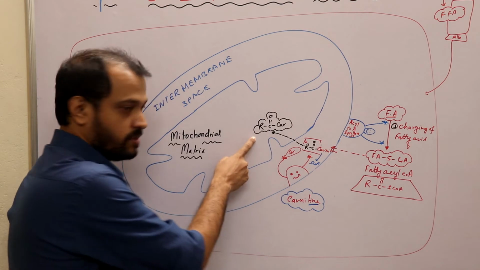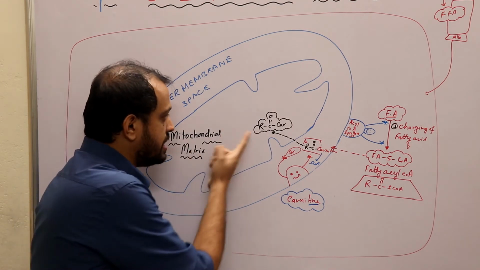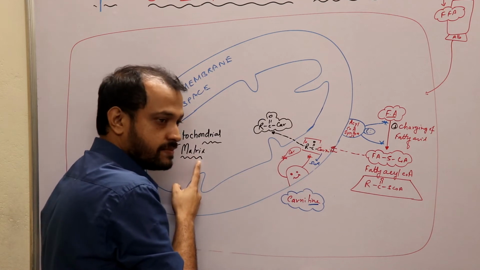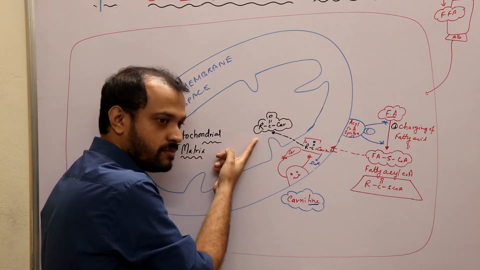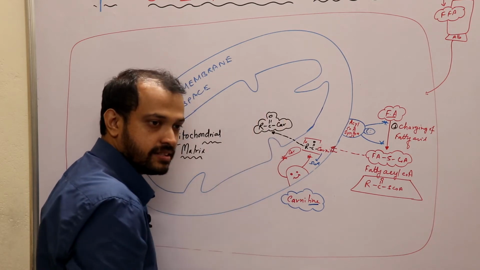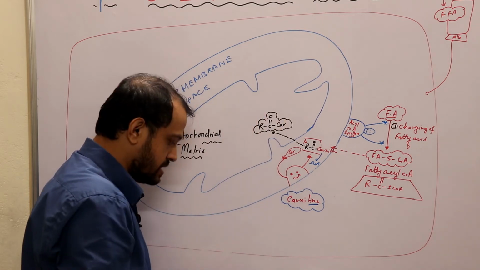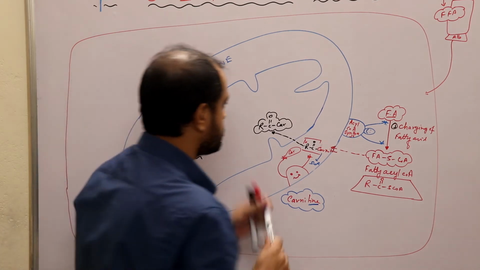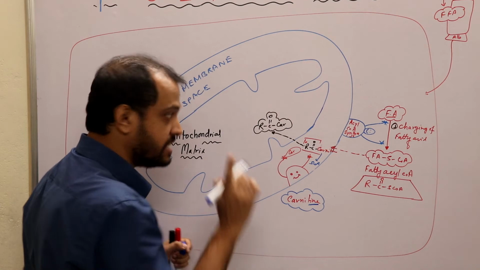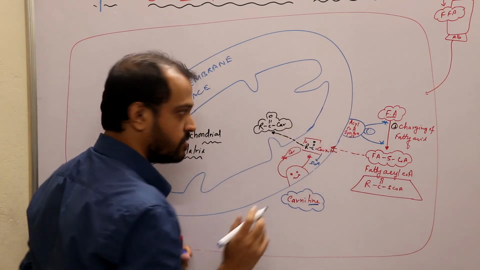That's the problem here. The fatty acid was very much excited to get into the mitochondrial matrix, but when it came there, it is no longer fatty acid, it is fatty acyl carnitine. That's the problem. Life gives this fatty acyl carnitine a second chance so that it can again become fatty acid. What is that?